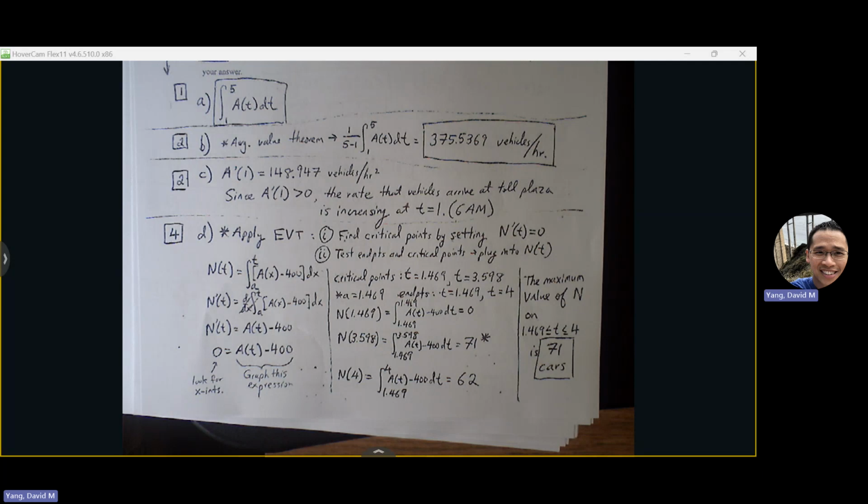In this case, N(t) is in terms of cars, so 71 cars. Any questions with these steps?